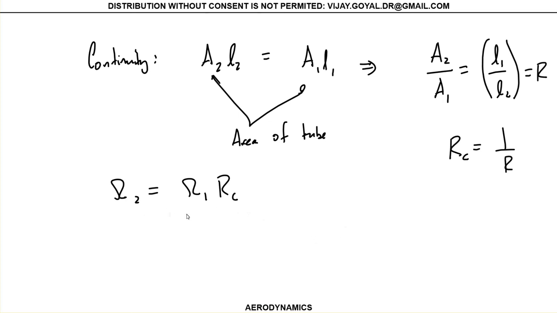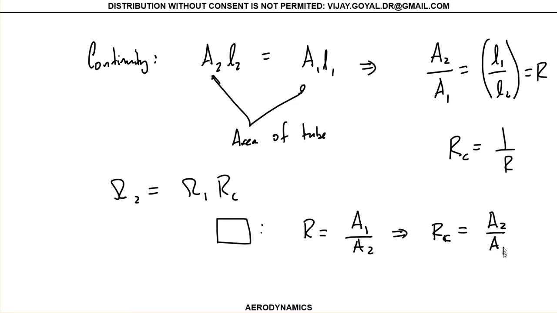It's very nice to understand this because that means for a rectangular shaped case, I have R equal to area 1 over area 2. That means my RC would be area 2 over area 1. So this is how much this is actually changing.